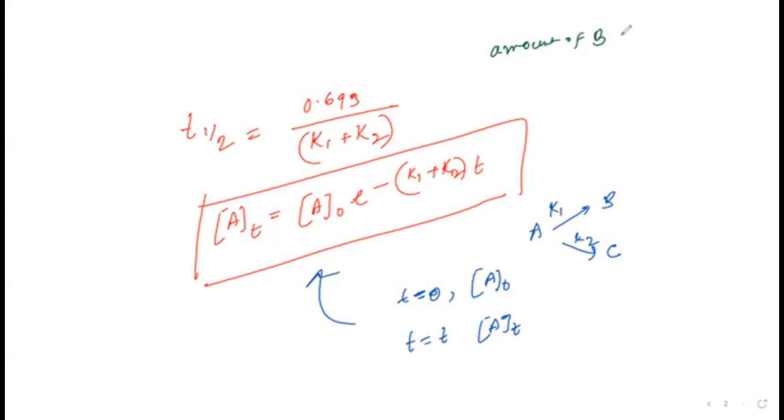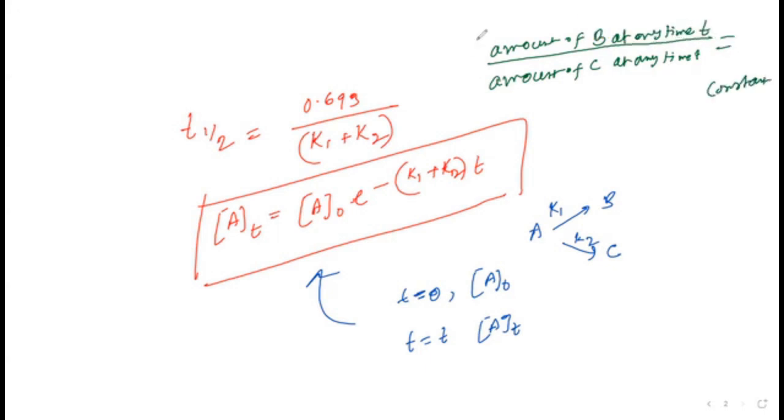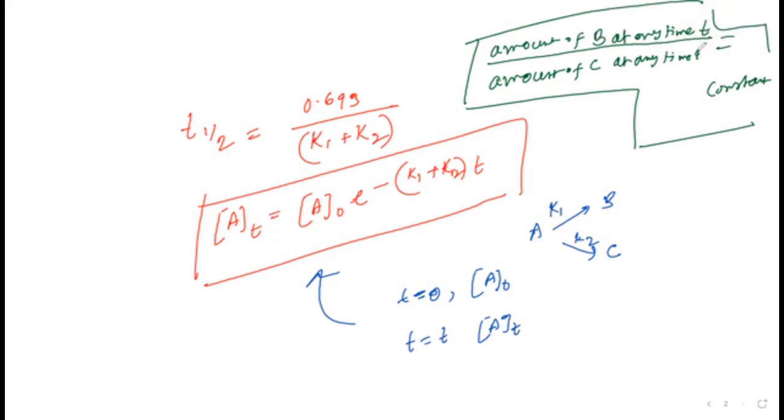The amount of B at any time t divided by the amount of C at any time t will be always a constant. Just remember this.